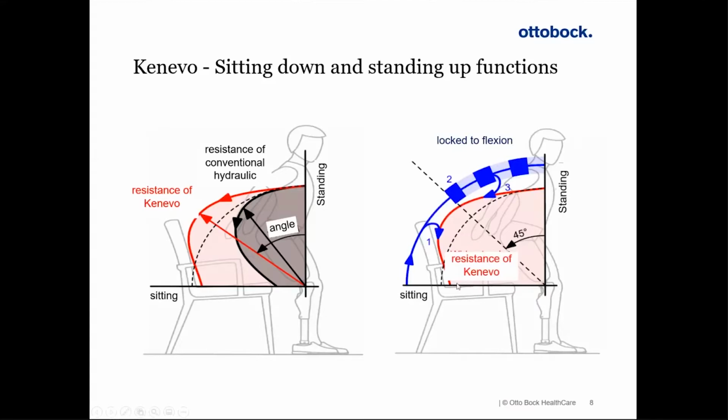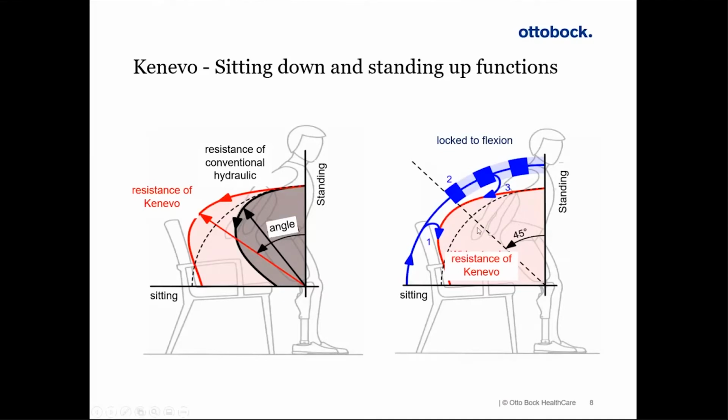So when the patient wants to get up from a seated position and the knee reaches a flexion angle of 45 degrees, if the patient isn't able to complete that movement in one stroke, then the Kenevo locks and prevents the patient from sinking back in the chair, and that gives them a couple of seconds to reposition the foot of the sound limb, to reposition the trunk, and to complete the standing up movement.